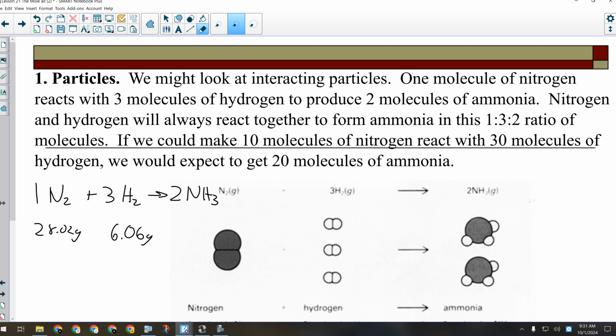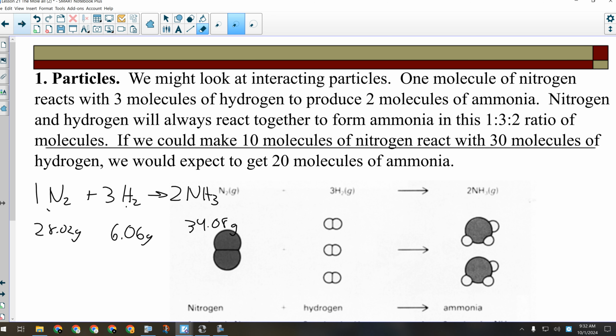Okay, and that would make 34.08 grams of nitrogen trihydride. Are all of the ways I express that reaction true? Absolutely. So just know that when we balance a reaction, more often than not, we mean that 1 mole of nitrogen gas and 3 moles of hydrogen gas gave 2 moles of nitrogen trihydride. That's usually what those balancing numbers mean.